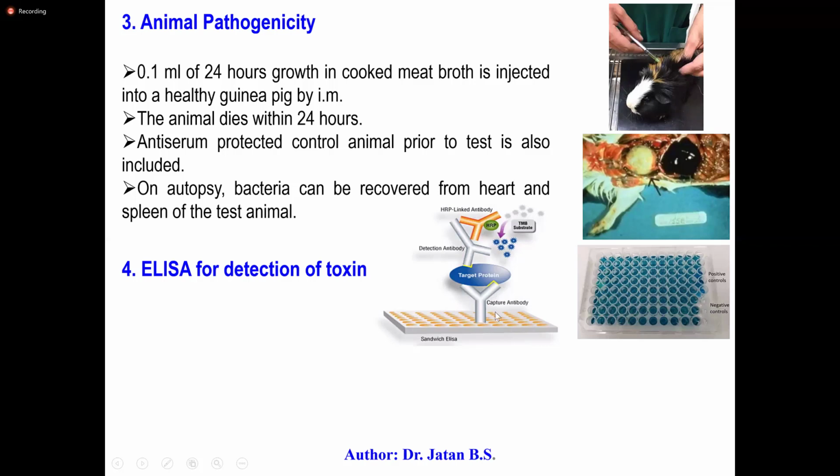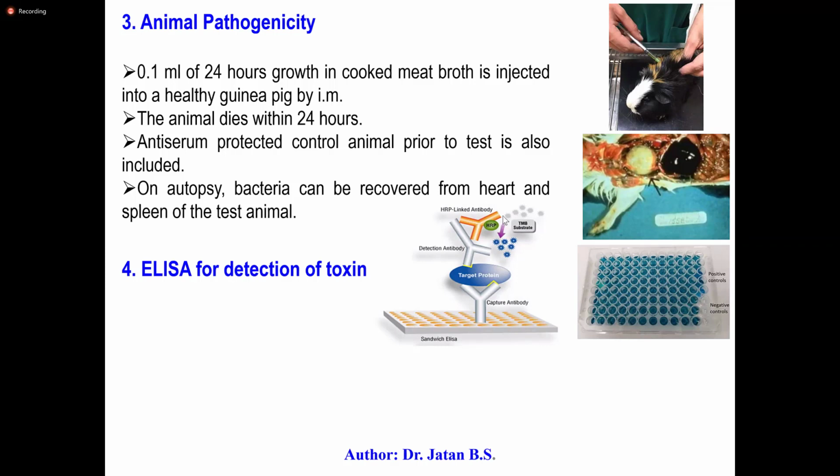When you add the patient sample having the antigen, that antigen will be trapped, will be caught by this antibody. Again you have to add another antibody which will act as the detection antibody. So now you have two different antibodies with the antigen in between. Again you have to add another antibody, which is the animal antibody, an antibody to human antibody, that means it is the anti-antibody.